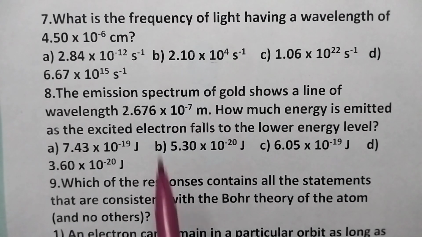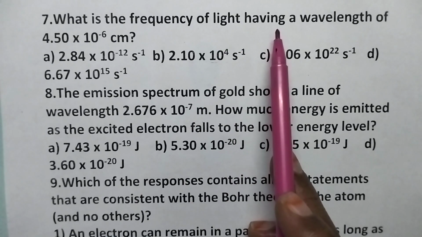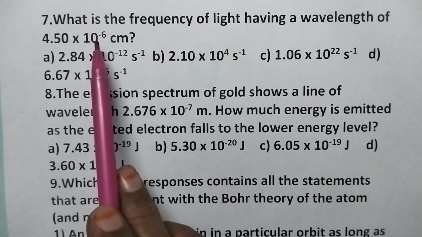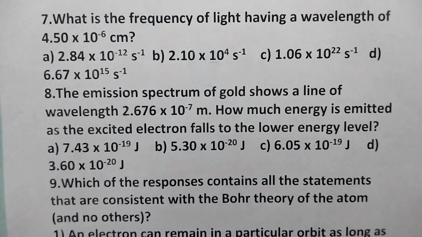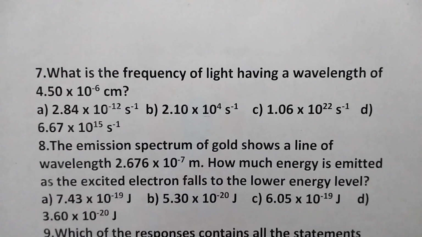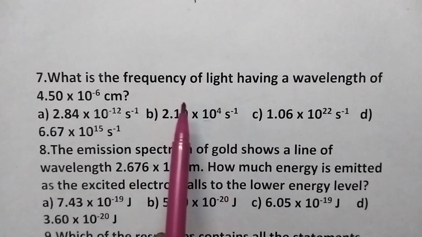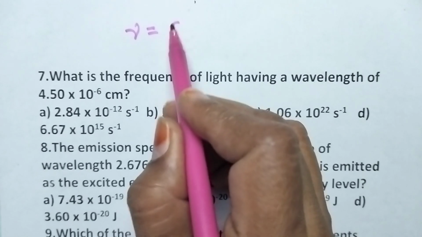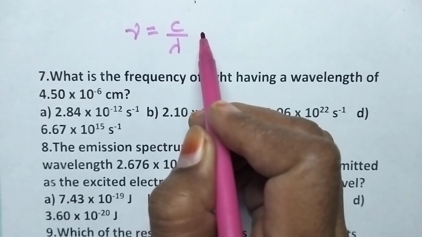What is the frequency of light having a wavelength of 4.50 into 10 power minus 6 centimeters? Here we are supposed to calculate the frequency of the light radiation. How is the frequency related to wavelength? Nu is equal to c by lambda.